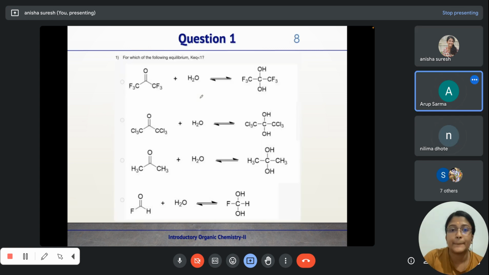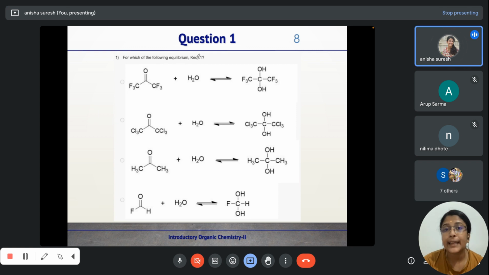Okay, now this is the first question. For which of the following equilibria will the K equilibrium be less than 1? Here we have CF3 on both sides plus H2O, it will give this product. Here we have CCl3 instead of CF3 and it will give this product. So this is basically a hydration reaction.